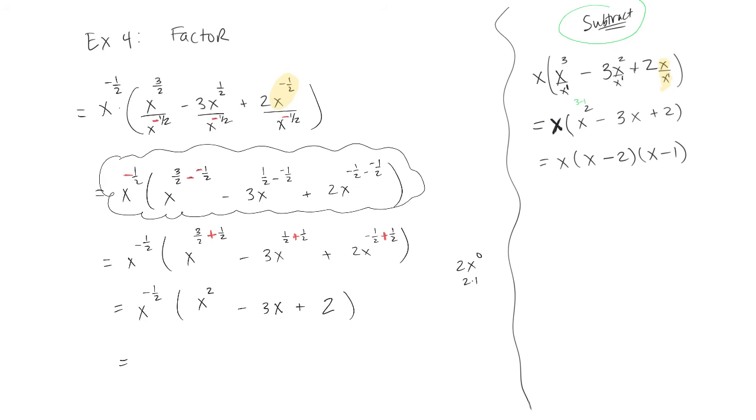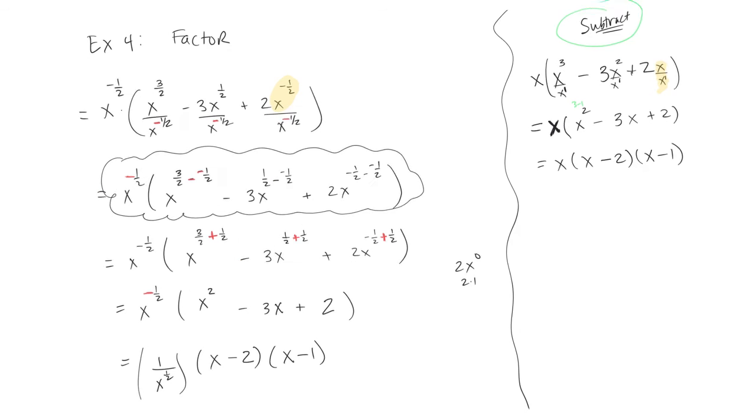Okay, now I have this negative exponent. Depending on the directions, sometimes it's fine to leave it with that negative. We'll just factor that out, but we can also write that with a positive exponent. And then x squared minus 3x plus 2, I think that'll factor: minus 2x minus 1.